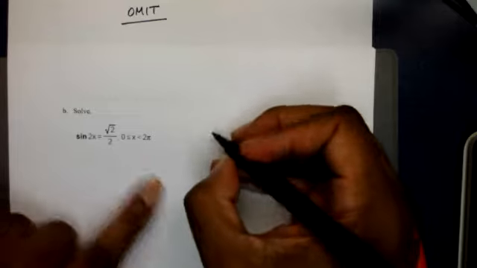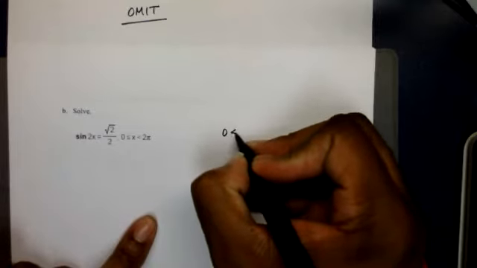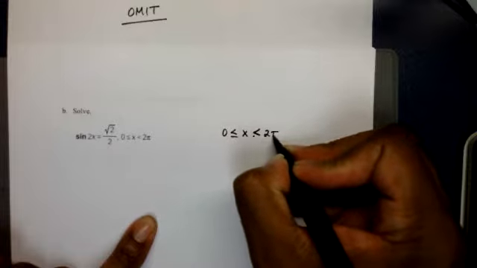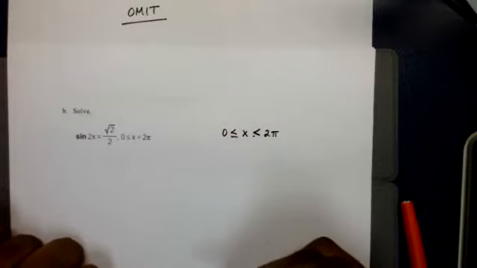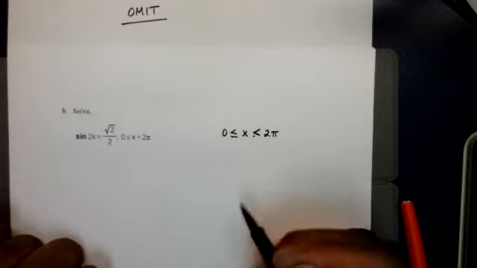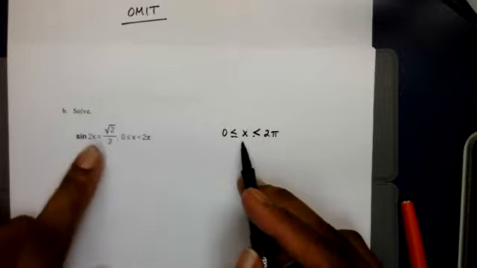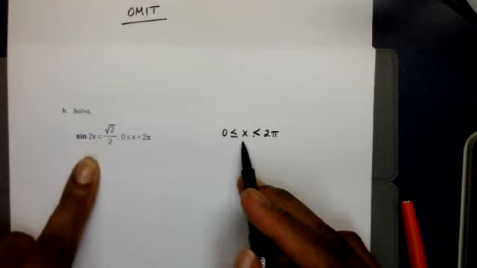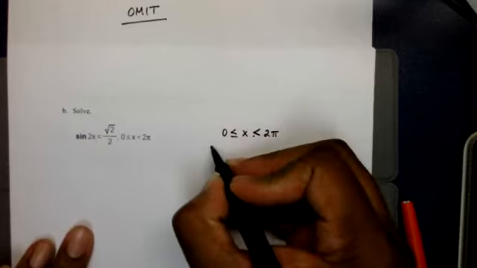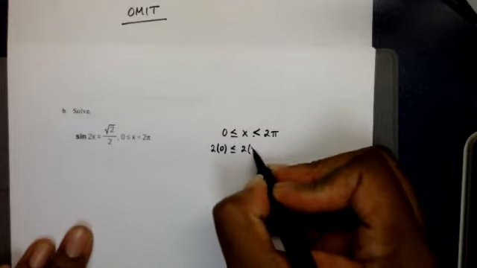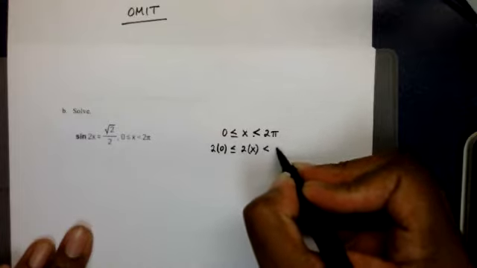All right, so let's look at this restriction here from 0 to 2 pi. And we're excluding 2 pi, which is why you see the less than there. If I want this x to be 2x, what I need to do here is multiply each side of this inequality by 2.